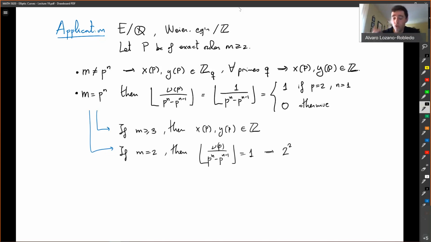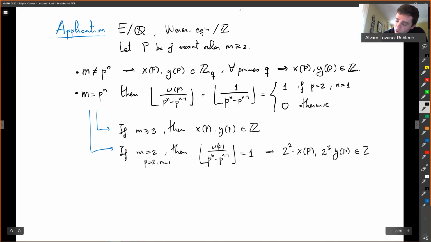So in this case, p is 2, n is 1. So this says that 2 squared times the x coordinate of the point and 2 cubed times the y coordinate of the point are integers. So the best you can say is that there might be a 4 in the denominator of x and an 8 in the denominator of y.